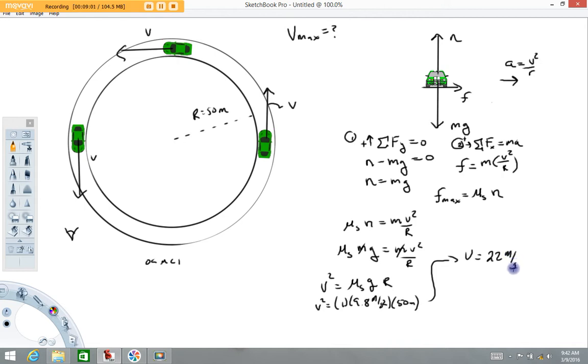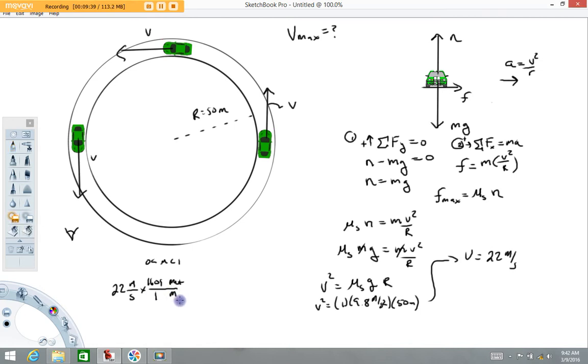I'm going to convert that to miles per hour just to see what that comes out to. So 22 meters per second. To convert to miles per hour, I think I have this upside down.